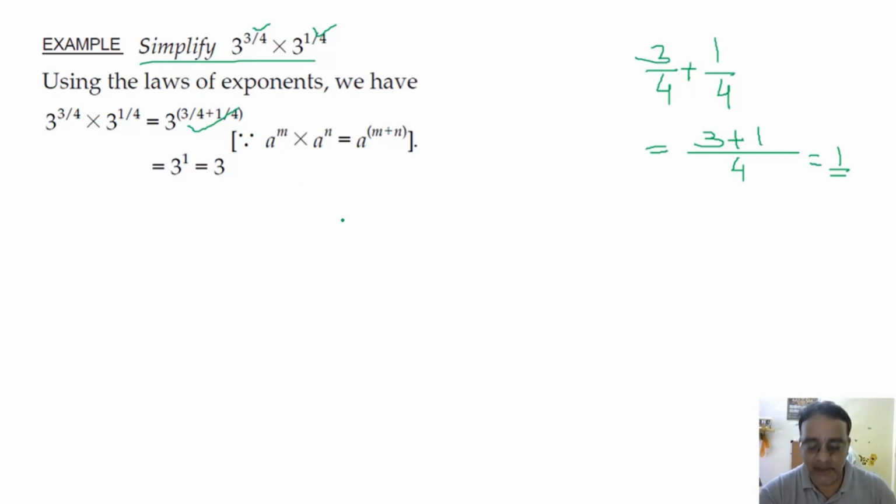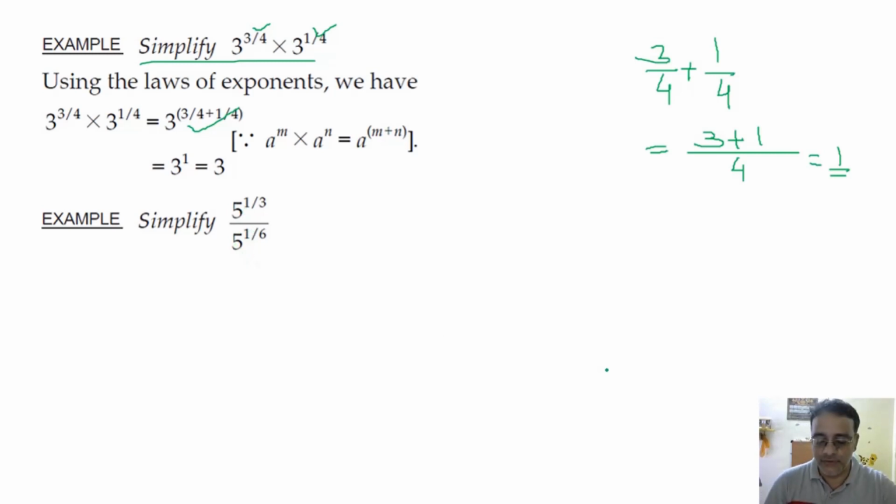This is a simple problem. One more problem we will see based on division. Here also the bases of both are the same and we are dividing the two. So which law do we have to use here? Sir, a to the power m divided by a to the power n is equal to a to the power m minus n.